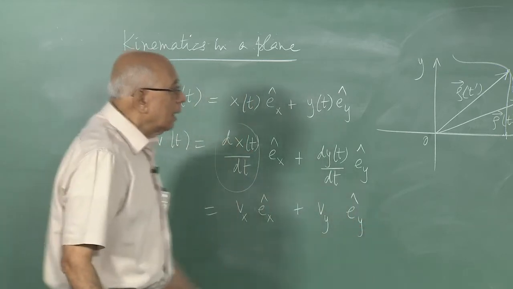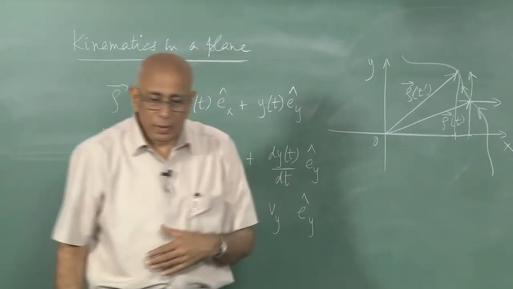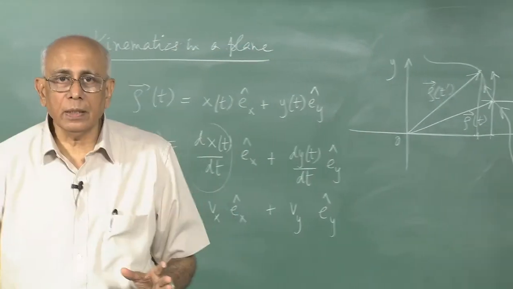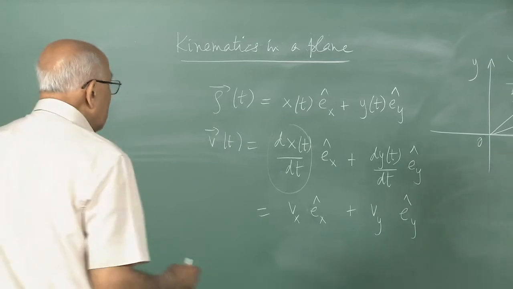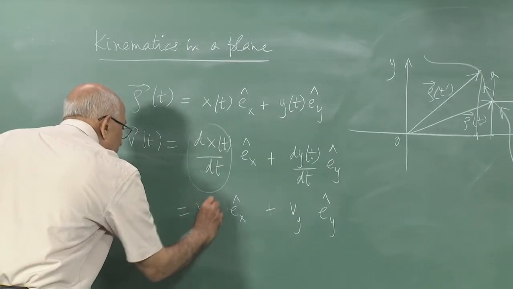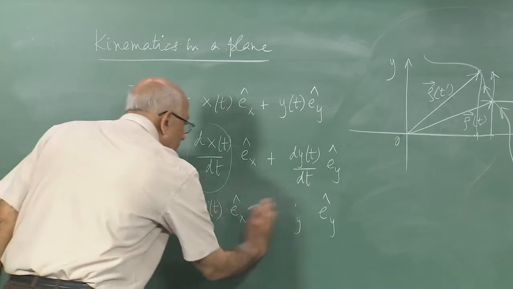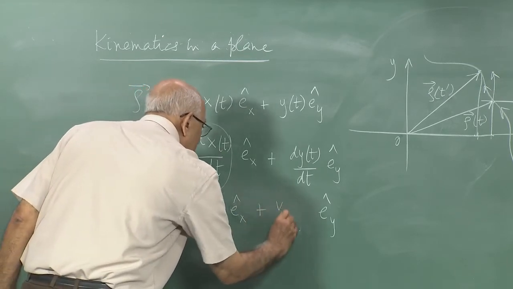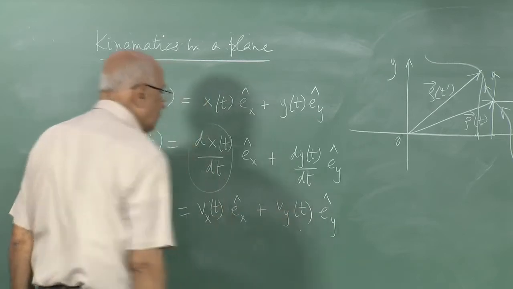And incidentally, if this particle is moving arbitrarily with some arbitrary acceleration, then there is no reason why the velocity should itself be constant, and therefore in general you have Vx as a function of time plus Vy as a function of time times Ey.